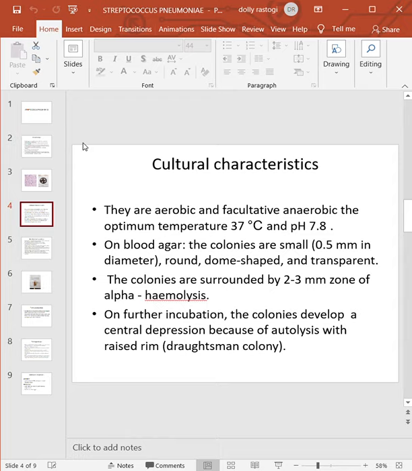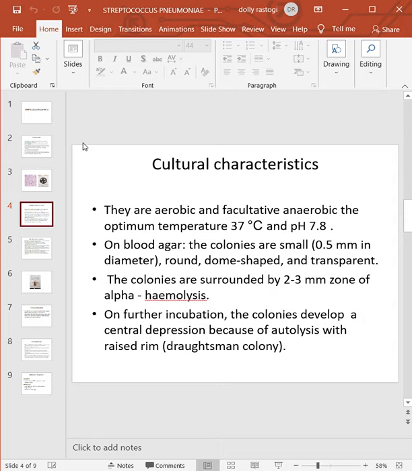This area of greenish discoloration is called alpha hemolysis. This is generally seen in Streptococcus viridans.